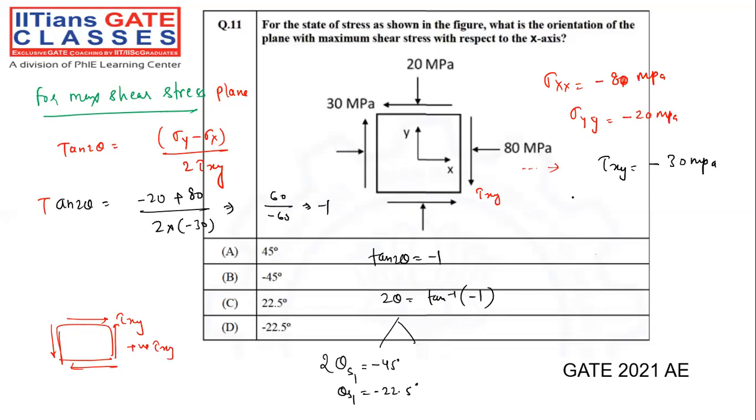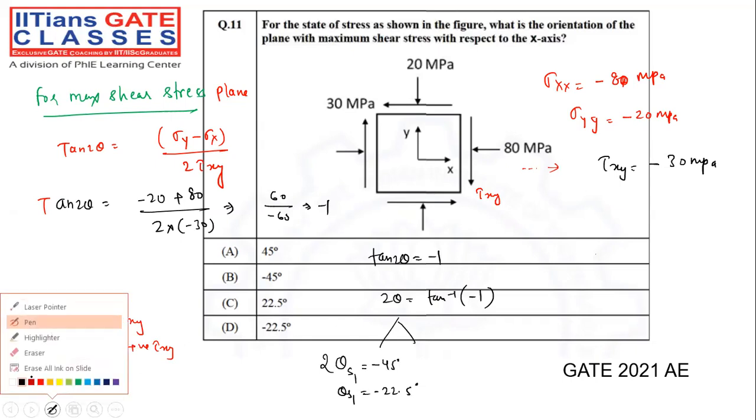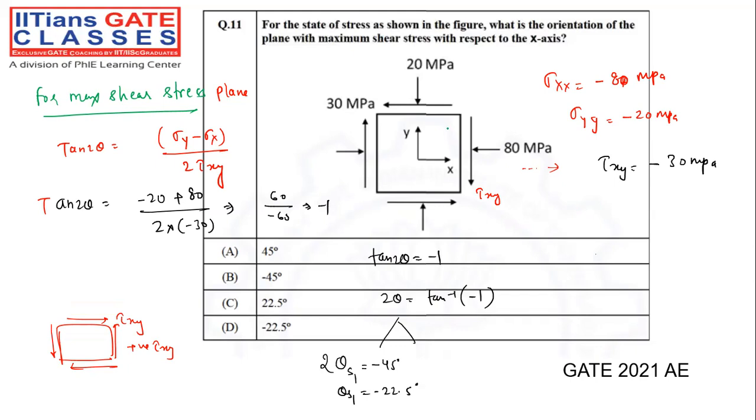So if I show one plane which is defined at an angle of minus 22.5, it is going to be something like this.